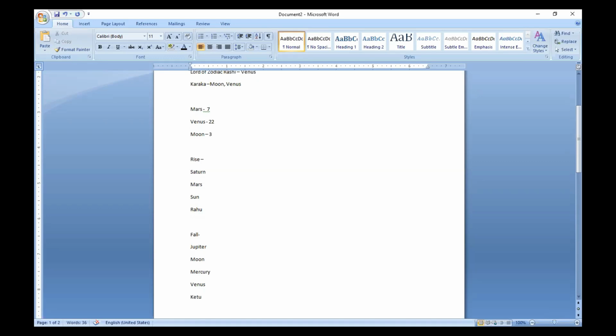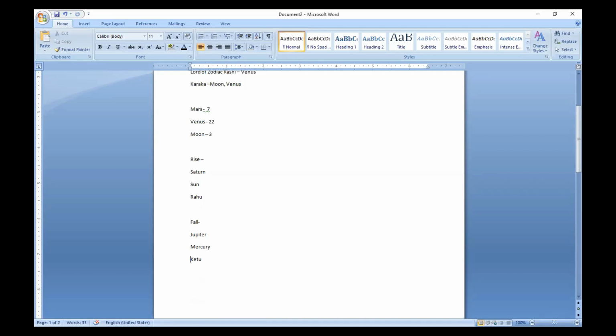Now we know here Mars, Venus, and Moon. These three are our prime planets. So we will remove Mars from the rise, and Moon and Venus from the fall. The reason is that these are the planets for which we are doing the assessment, so we have to check influence on these planets.